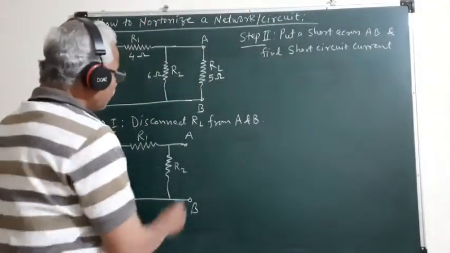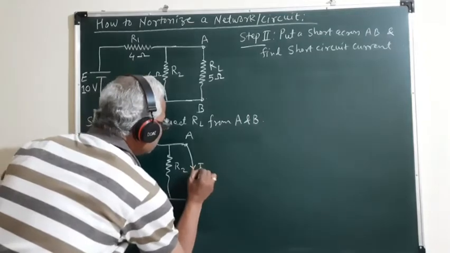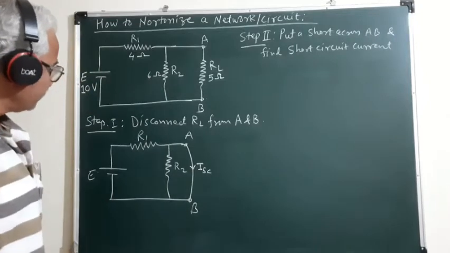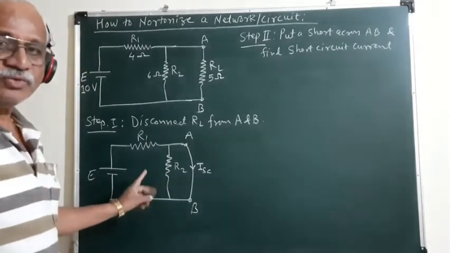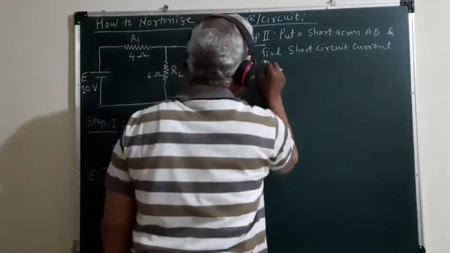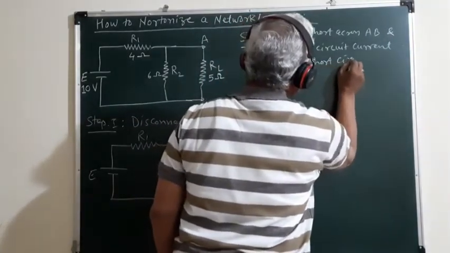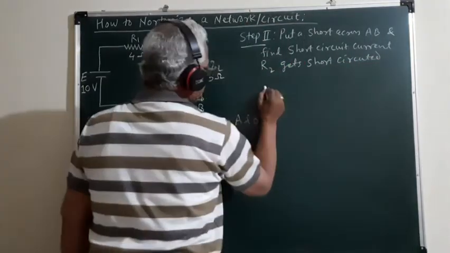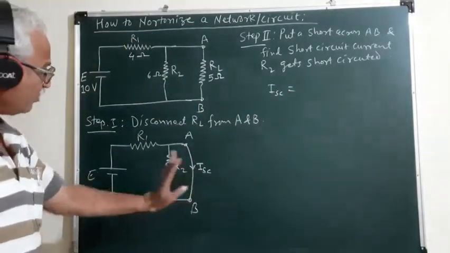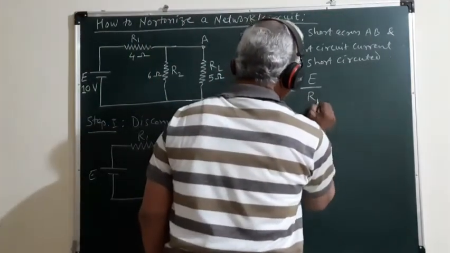When we put a short across the terminals A and B and calculate the short circuit current ISC flowing through it, the resistance R2 gets short circuited. So the current ISC will be simply E upon R1.